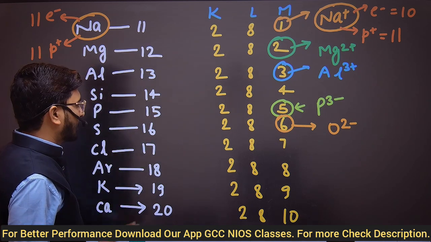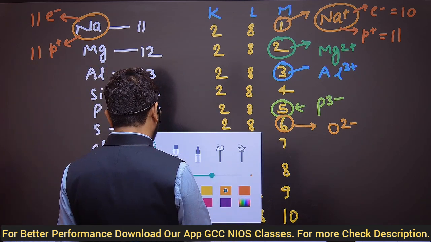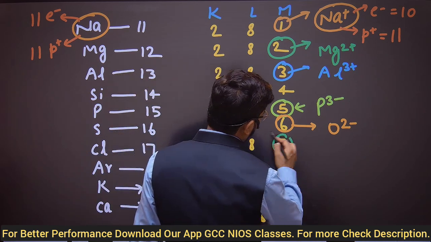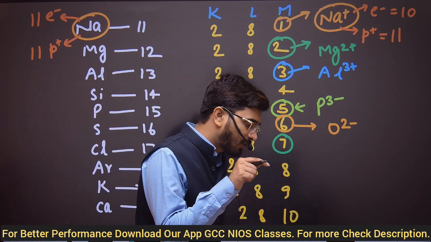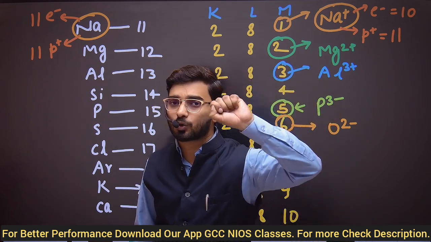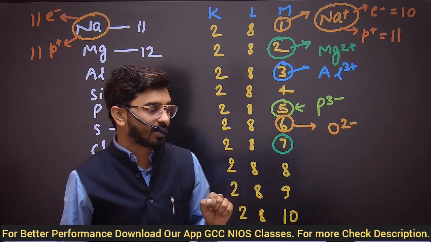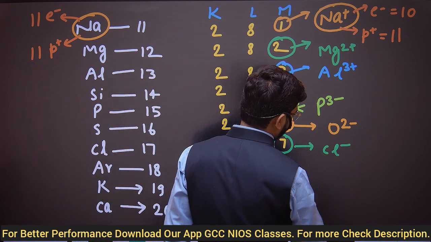So again, in the case of chlorine, it's also very famous. Chlorine has 7 electrons in the last orbit, and it requires only 1 electron to form its 8 electrons octet rule and get stability. So in this case, chlorine will make Cl minus, right?